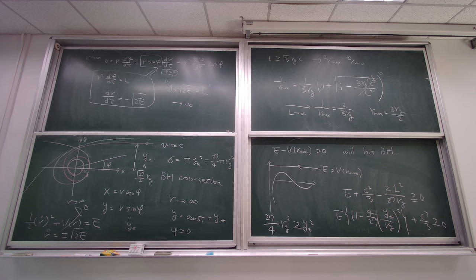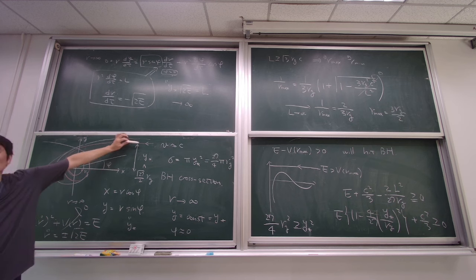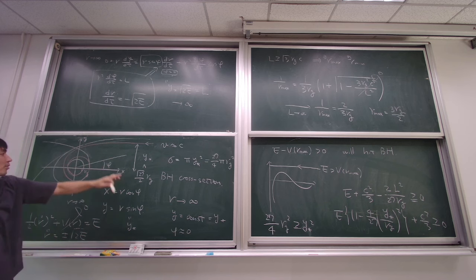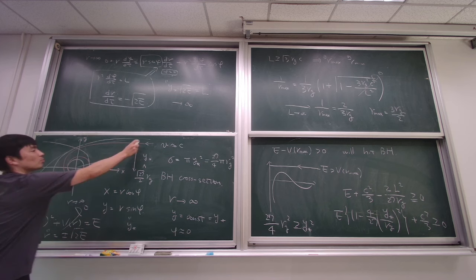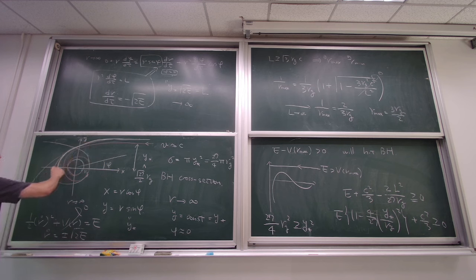But otherwise, it depends on energy. If the energy is high enough, you can escape, like this mode. Maybe some particles may orbit several times and move out of the black hole.